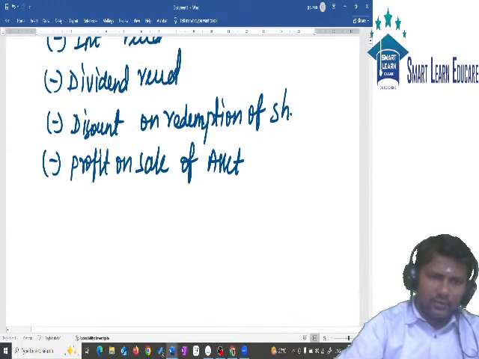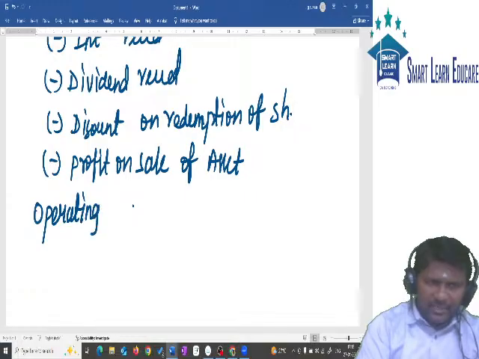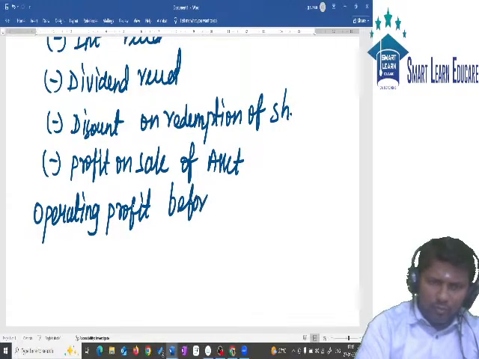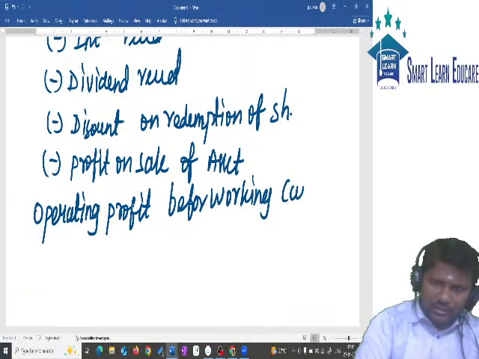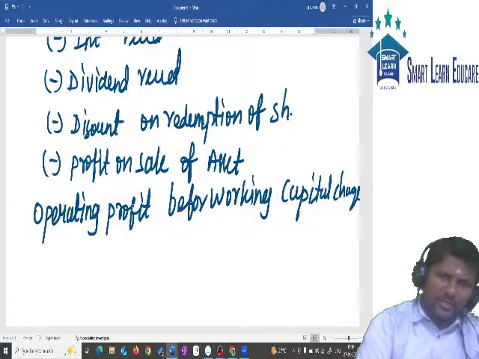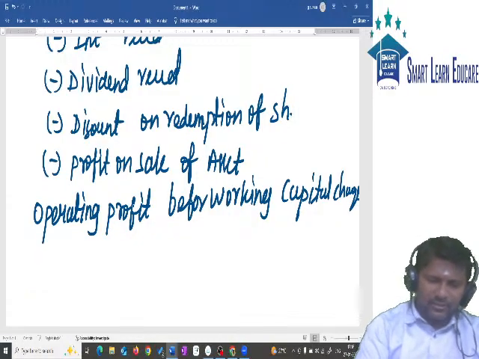So this will give you operating profit, because non-operating items we have eliminated. So operating profit before working capital changes.